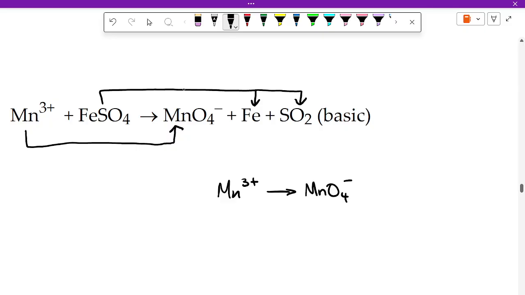And then we have FeSO4 goes to both Fe plus SO2, and that is okay. The trick with those is to just be okay with that having two products. But there's only one thing that can turn into both of those, right? So now we balance them. Off we go.